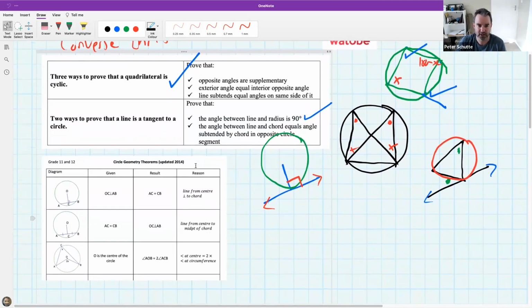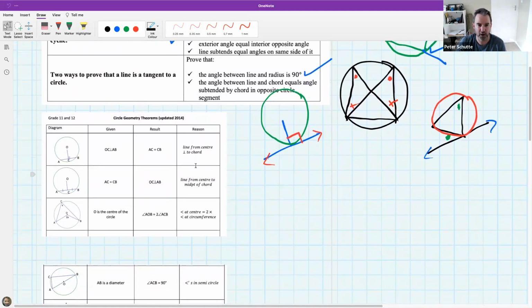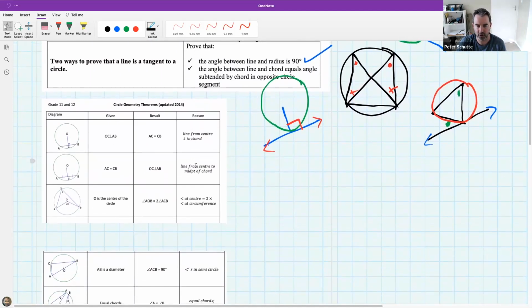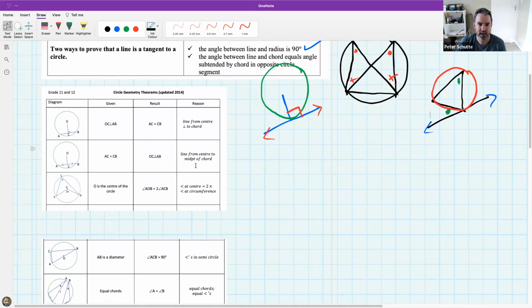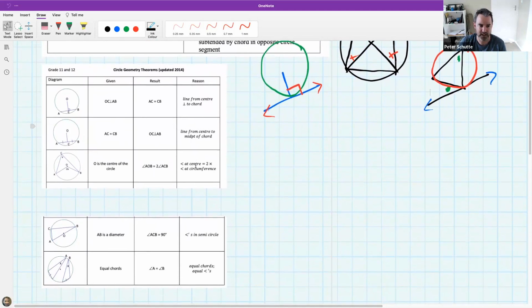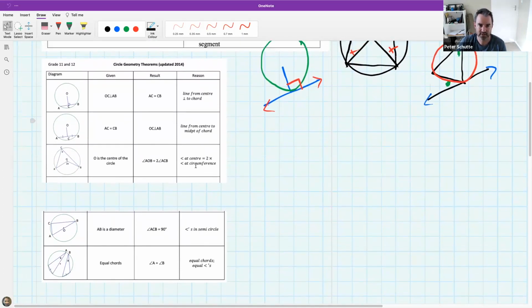But just before we get started, I just want to show you that often I talk about the bins of theorems. If we look at this picture over here, this shows us the theorems that deal with circles and the center. Here we have the line from the center perpendicular to the chord.